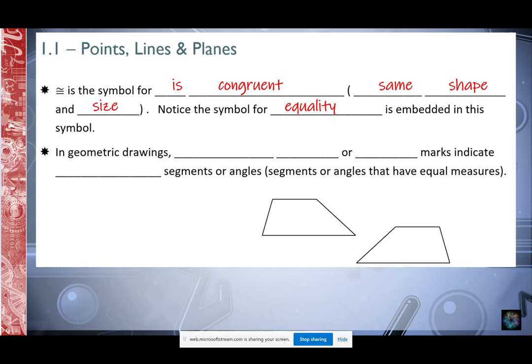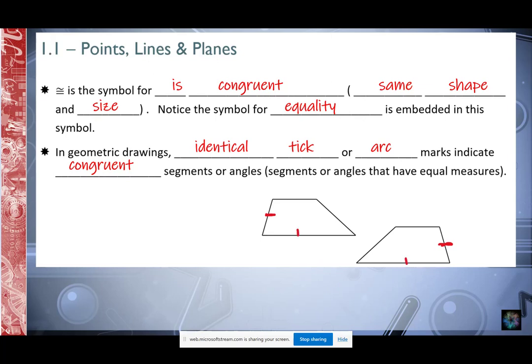And so when we have a geometric drawing, like the 2 trapezoids that you see below, when we have identical tick or arc marks, those are going to indicate congruent segments or angles. And that just means that these segments and angles have equal measures, segments being the same length, angles having the same angle measure.